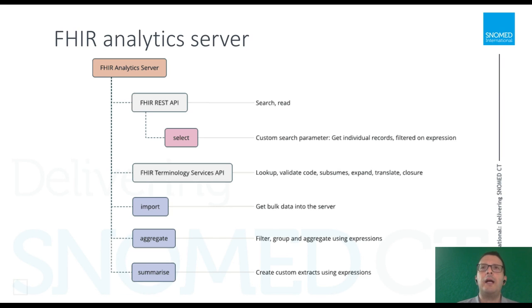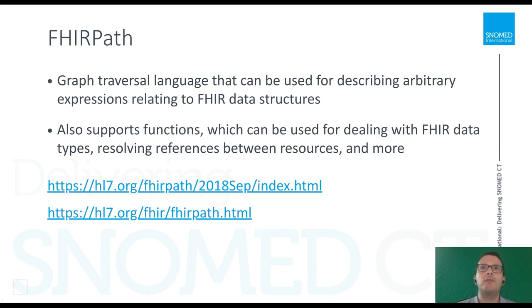So this is an overview of the functionality of the analytics server. I won't go into a lot of detail given the time constraints, but I think the best way of looking at it is mostly as a pivot table as an API would be a way to describe it for those of you who know Excel. One of the key standards that is used in the implementation of PathLink, which is the name of our analytics platform, is FHIRPath.